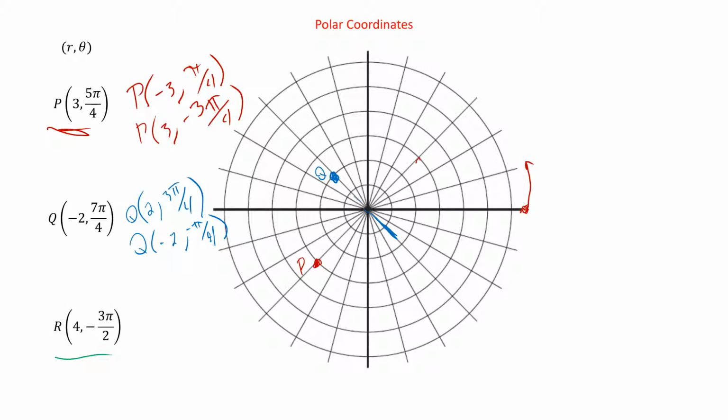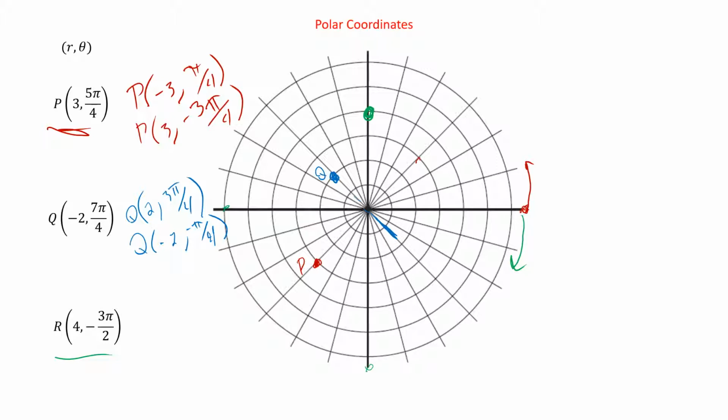Or we could have point R. Here we're going negative 3 pi over 2, which takes us here going backwards, 1 pi over 2, 2 pi over 2s, 3 pi over 2s, and we're up 4. 1, 2, 3, 4.